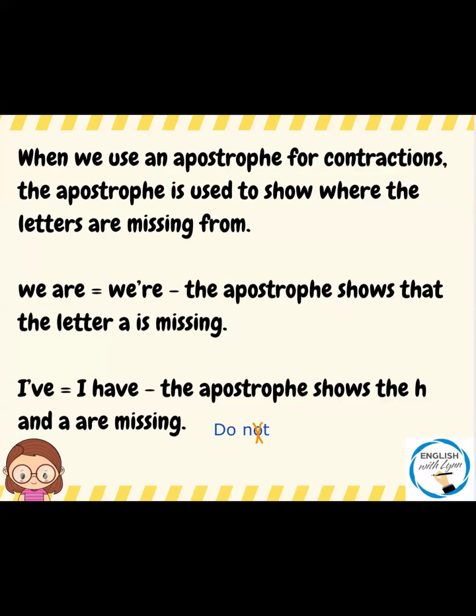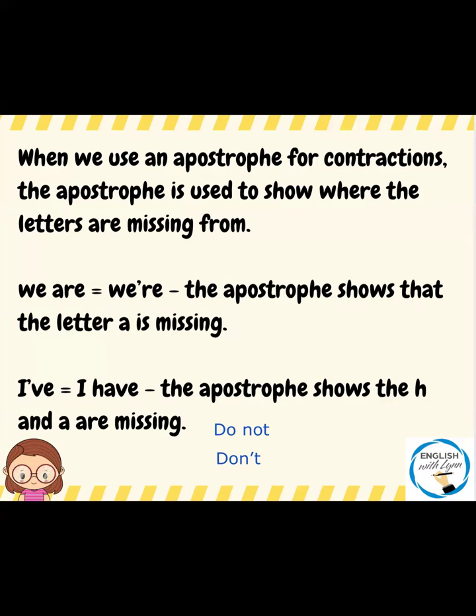So the apostrophe goes where the O is taken from, not where you are joining the words together, which is what I often see. So when we have "do not", what we should end up with is "don't". Okay, and your apostrophe goes where the O should be, not where the words are linked together.